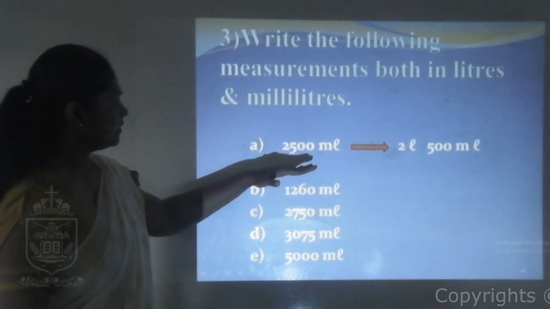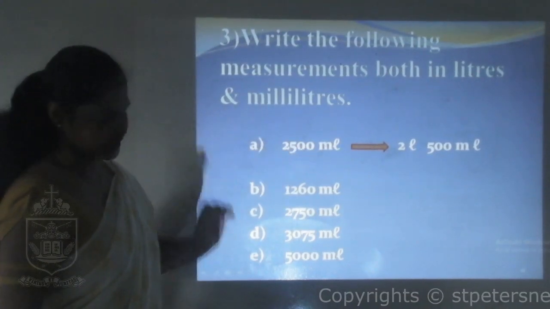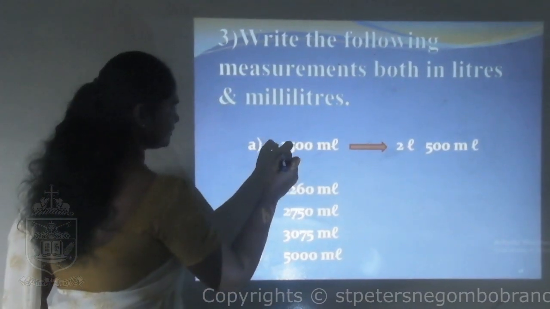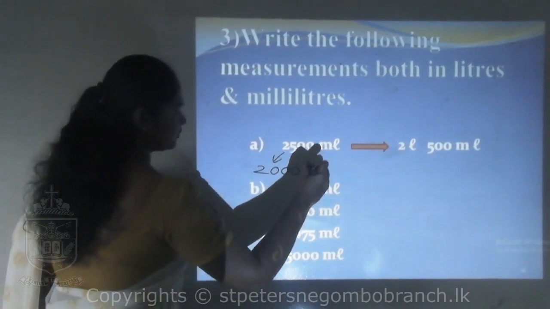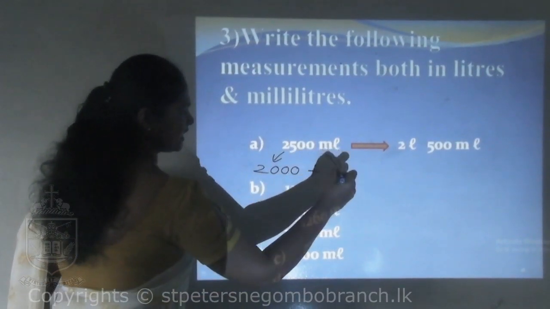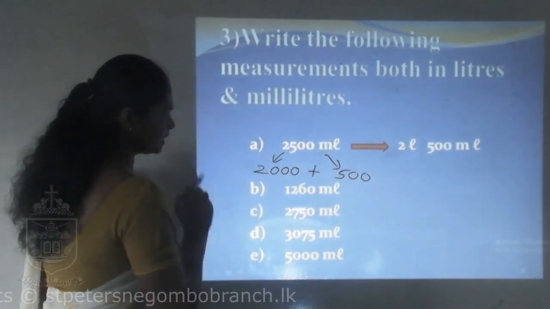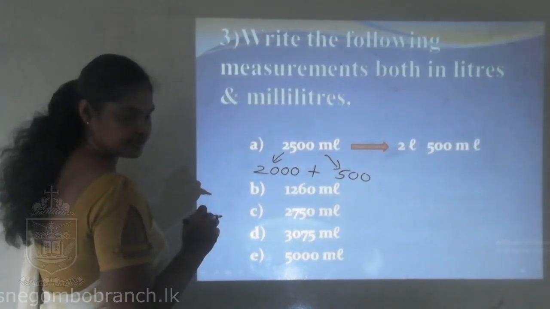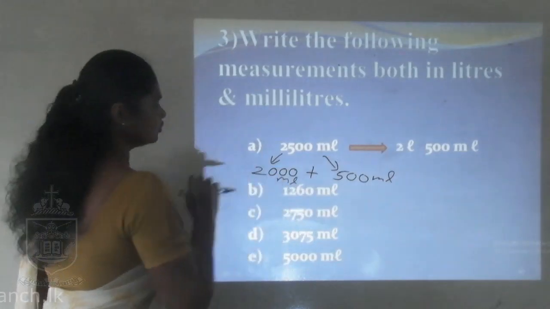So now I'm going to group this into groups of thousands. Now 2500 you can expand as 2000 and 500 separately. So this 2000 milliliters would become 2 liters.